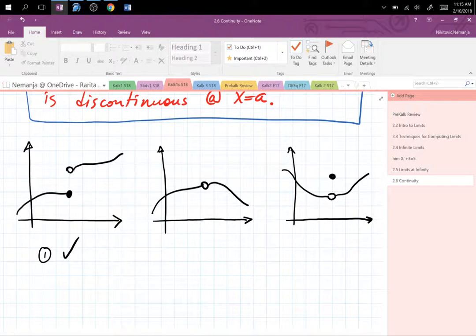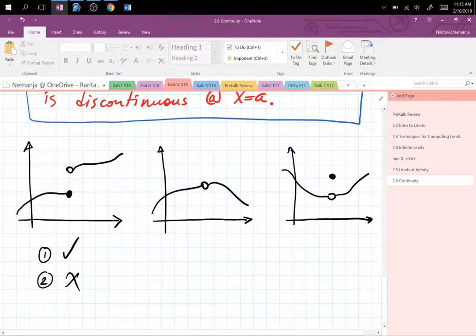Rule number two, fail. Limit does not exist. You're not even going to check number three because clearly you can't say exist equals does not exist. So as soon as you find the one that is broken, check out right there.